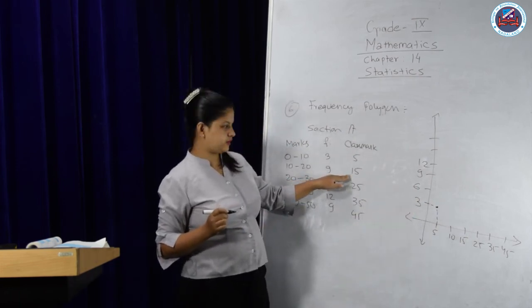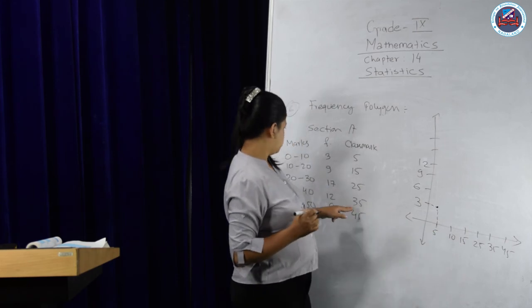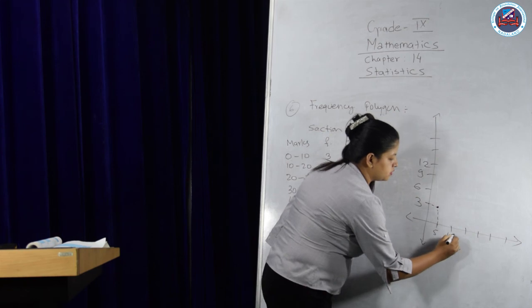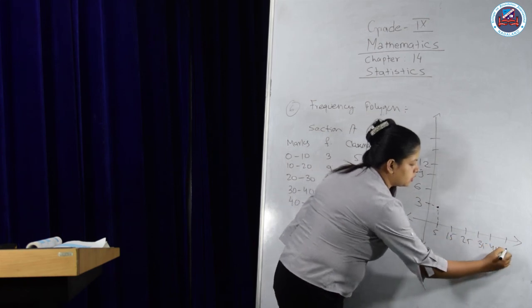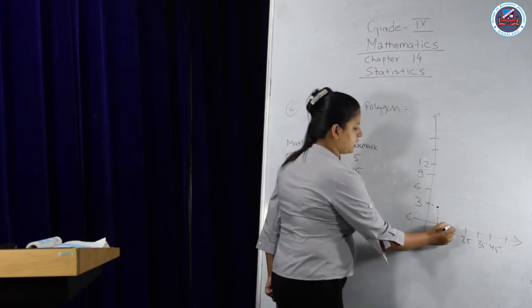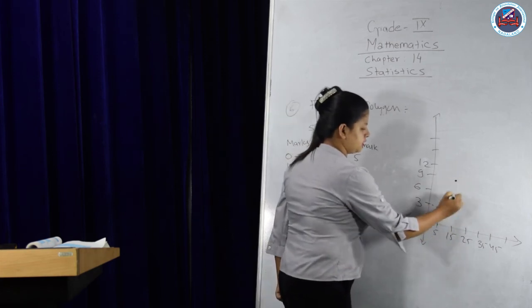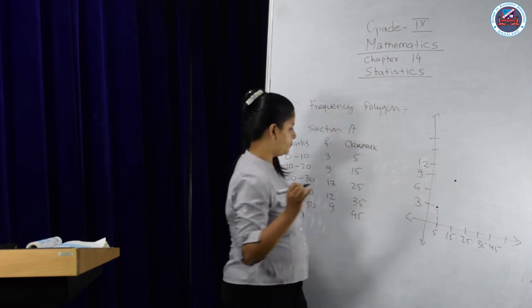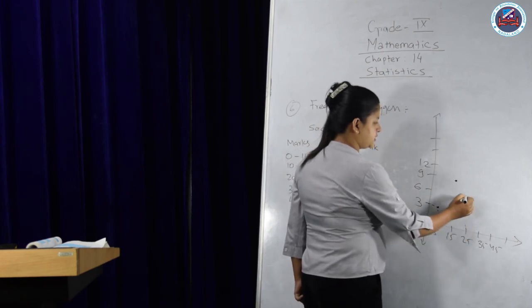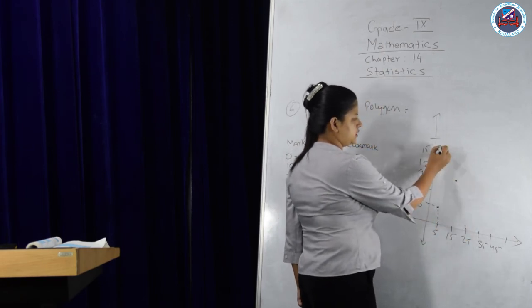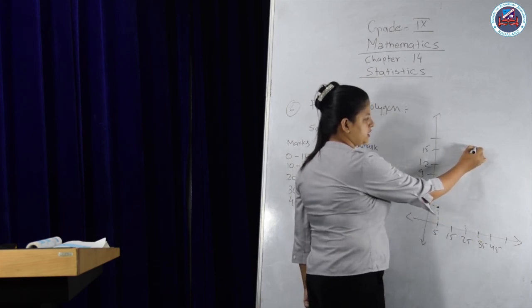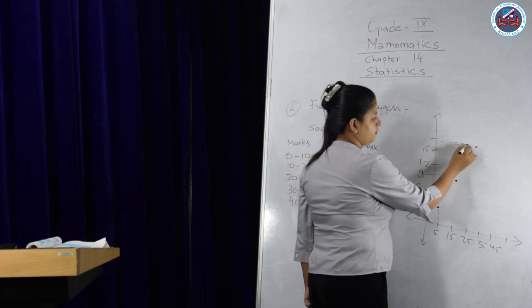Next is 15 and 9. So 15 is here, and you go up to 9, obviously above 15 till 9. 25, go till 17. 25 is here, till 17. 15 is here, and 17 would be a little bit higher than 15 but below 18, around here.